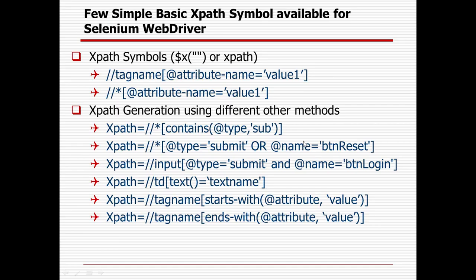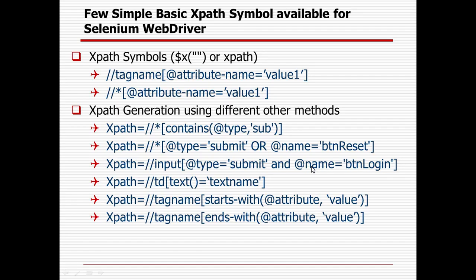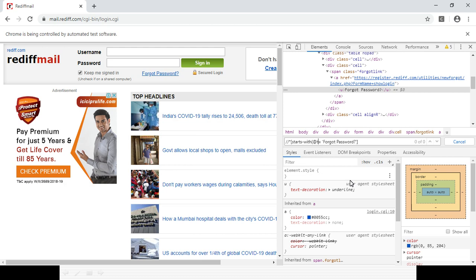So what is the syntax? Simply type the tag name, then starts-with. That is the syntax. Then you give the bracket and the property. The property will be your text only, and here instead of the equal sign you give a comma, and close with the bracket. And you need to change the password part.